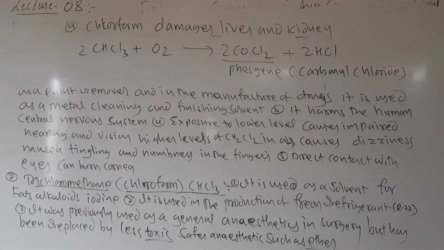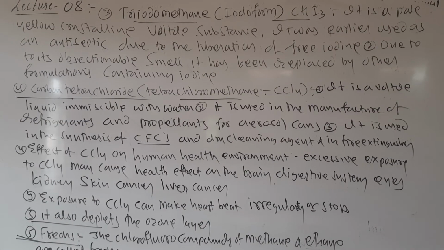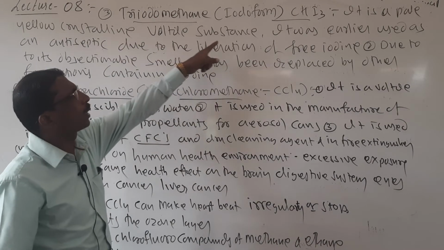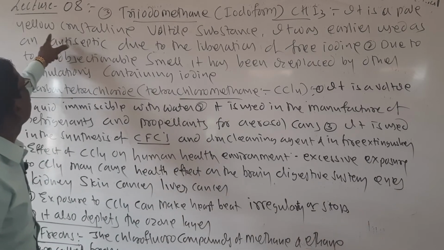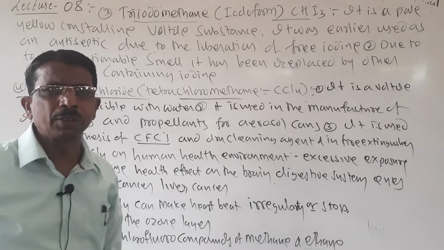Now the next one is triiodomethane. It is also called iodoform, and its formula is CHI3. It is a pale yellow crystalline volatile substance.